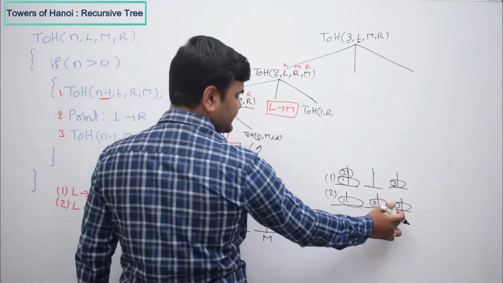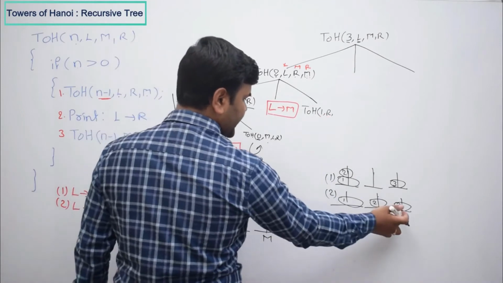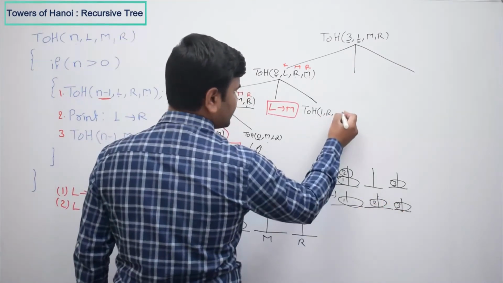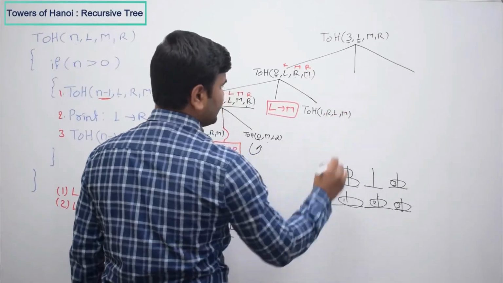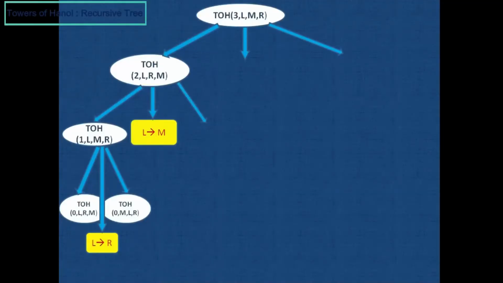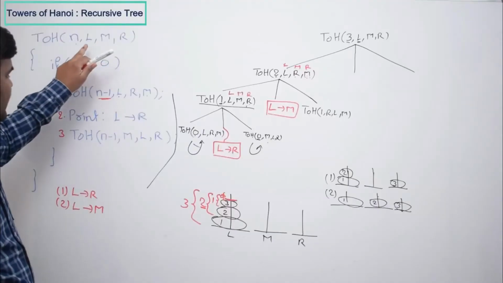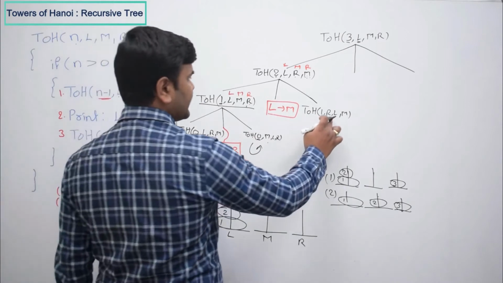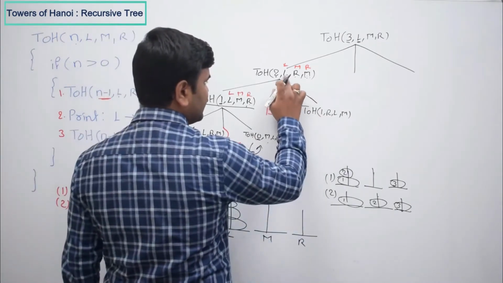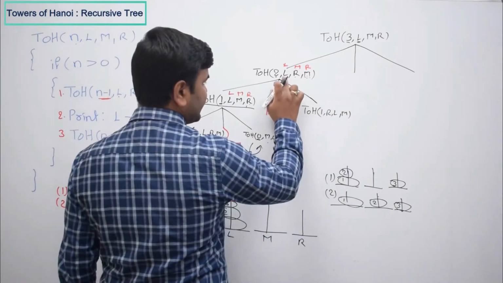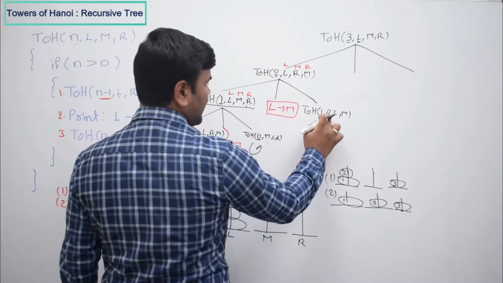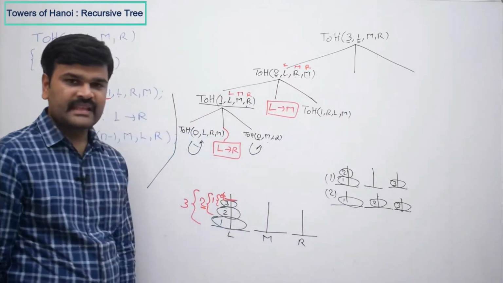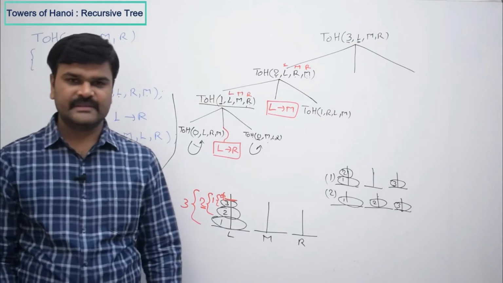So now R is the source, and the target is M by using L. As we discussed in the third step, we are swapping the L and M positions. The same thing you can observe here also. We are swapping the L and M positions. That means here LR is there, so RL it is becoming. That is the same everywhere. Okay.